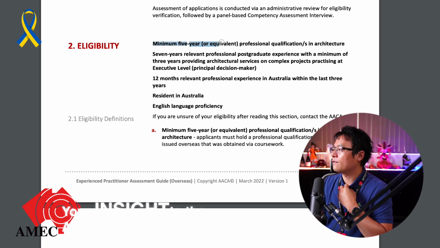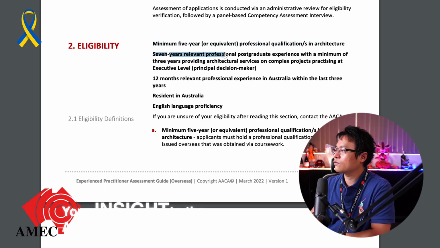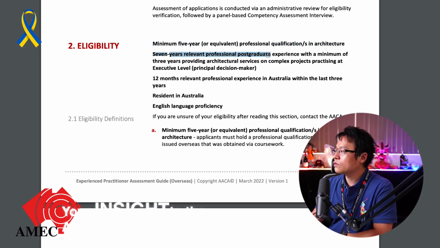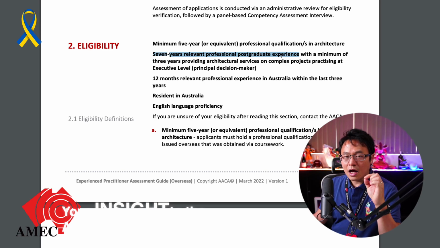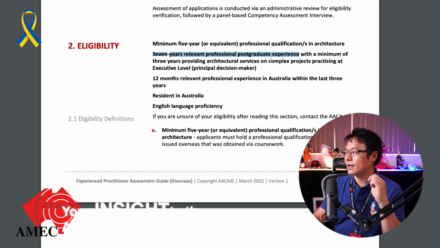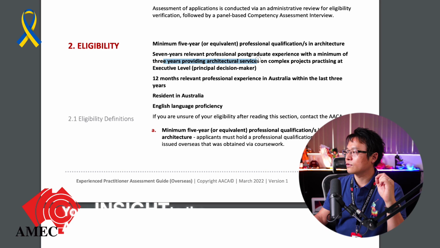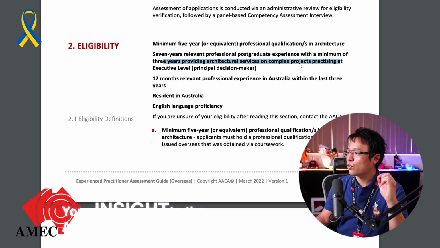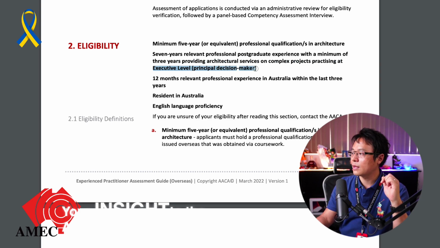So, minimum 5 years or equivalent professional qualification in architecture, 7 years relevant professional post-grad experience. So that's 7 years after you got your master's degree and you have been working as an architect for 7 years, with a minimum of 3 years providing architectural services on a complex project, practicing at executive level as a principal decision maker.